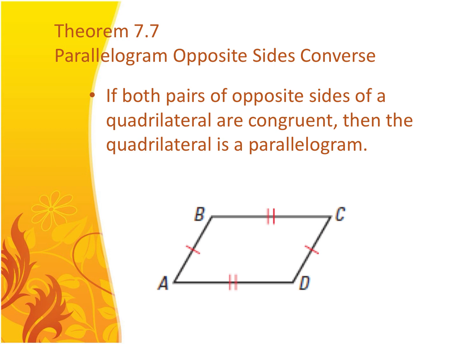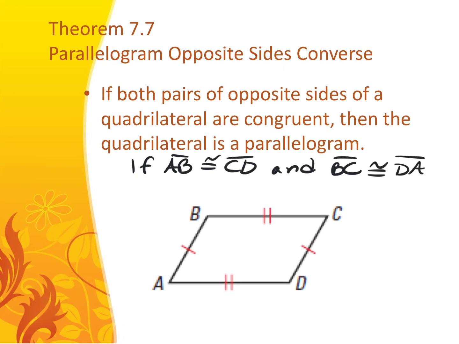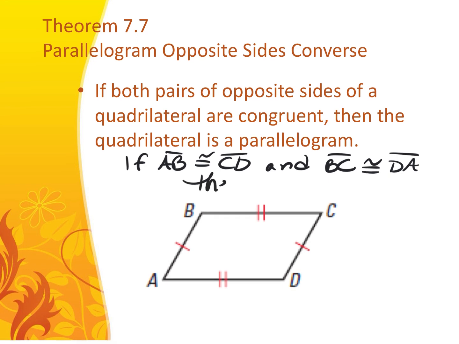So specifically, from this picture, I can state that if AB is congruent to CD and BC is congruent to DA, and again, the order doesn't matter here, then ABCD is a parallelogram.